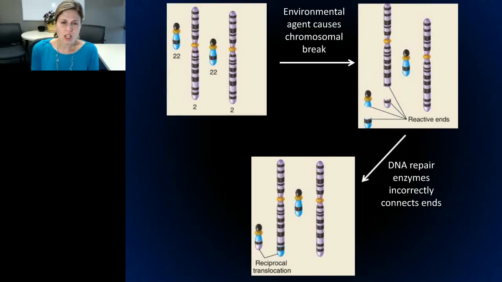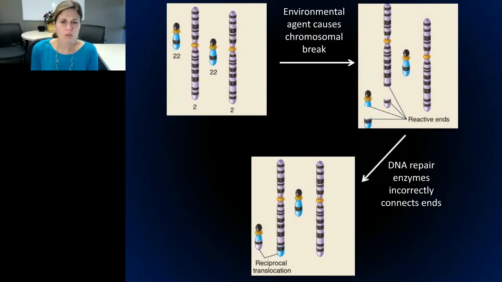So here you can see with this example, chromosome 22 and 2. If you're thinking along the lines of a hematologic malignancy, you could substitute maybe chromosome number 9 here, if you've ever heard of that translocation. And we might have some sort of an environmental agent, something exogenous to the cell, that is going to be causing these DNA double-strand breaks. When these DNA double-strand breaks occur, we end up having these reactive ends to the chromosomes.